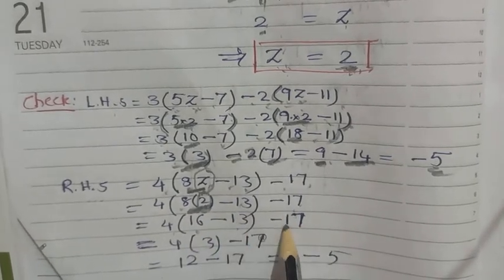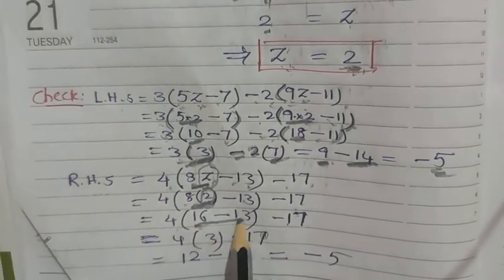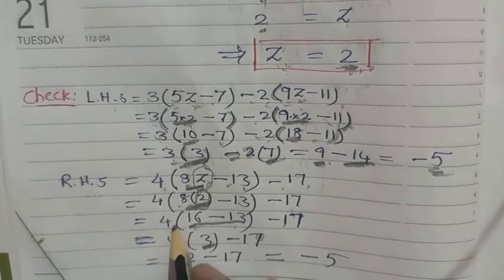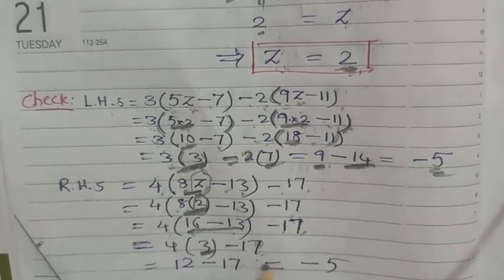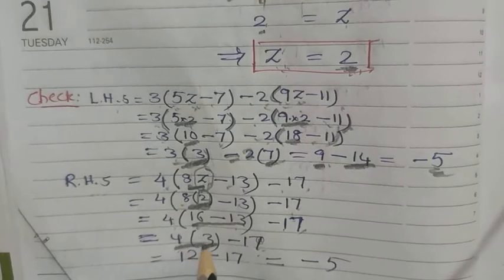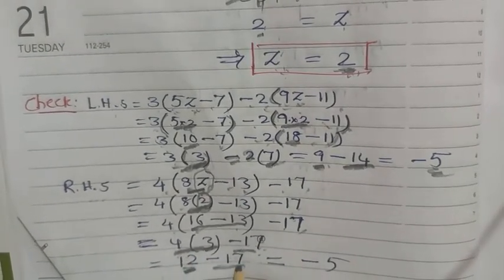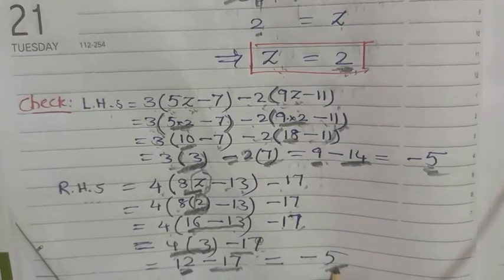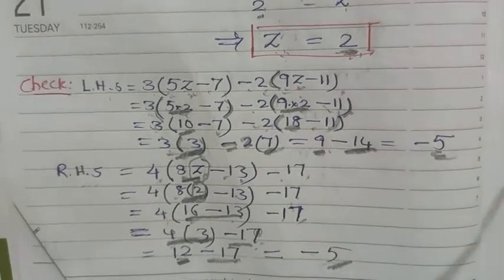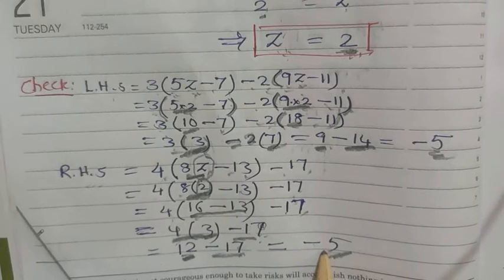Minus 13 same. Minus 17 also same. 16 minus 13 is 3 only. Remaining 4 and minus 17 same. 4 into 3 is nothing but 12. And this is minus 17. 12 minus 17 is nothing but minus 5. You observe, 12 minus 17 is nothing but minus 5.